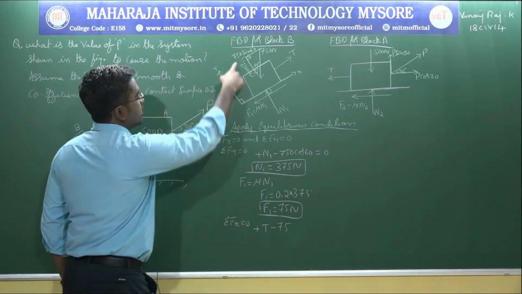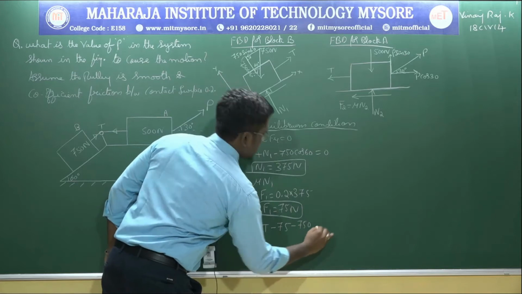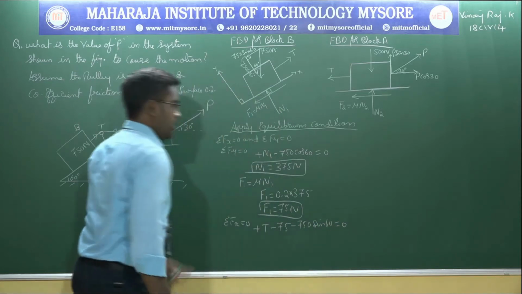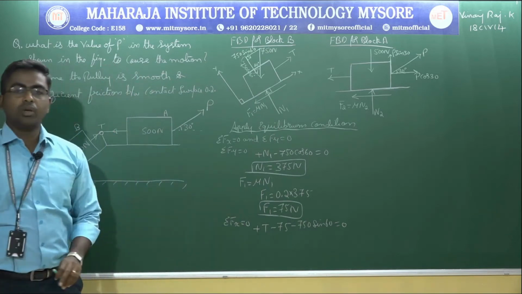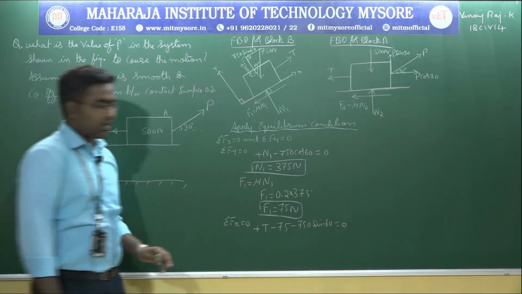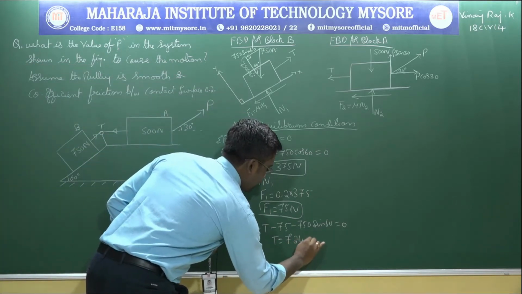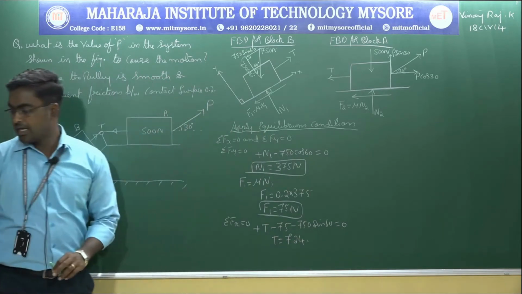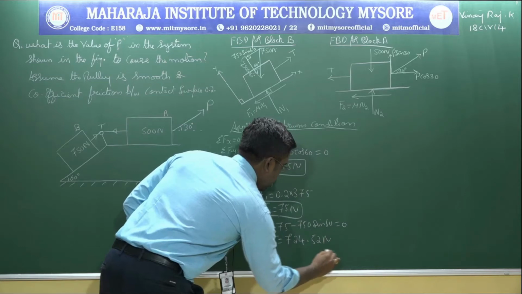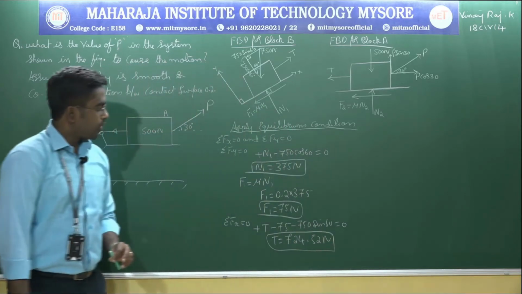And one more value, it is minus 750 sin 60 is equal to 0. So in this complete equation there is only one unknown, that is T. T is equal to 724.52 Newton. So this is how you need to solve the problem.